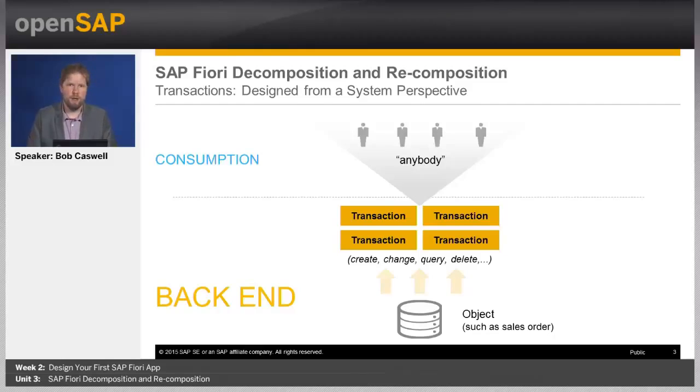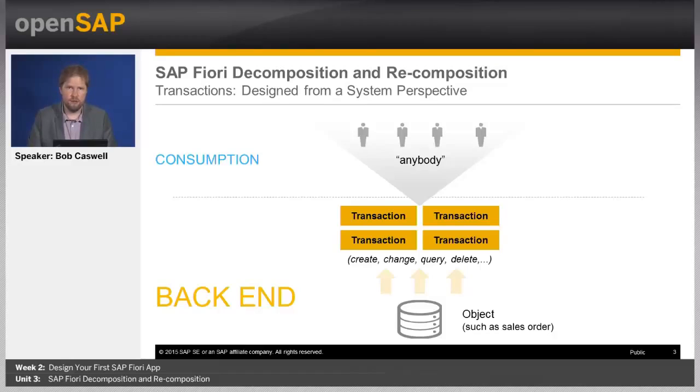For example, we have a sales order object and a create sales order transaction. This transaction allows the sales order to be created by someone. It can be a sales rep, a sales operation person, a customer service agent, or possibly anyone else in another role. But the user interface is not really optimized for any particular role, even though the user requirements can be dramatically different between roles, companies, and industries.